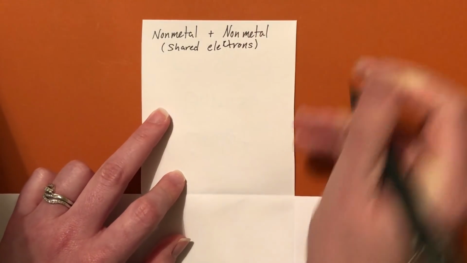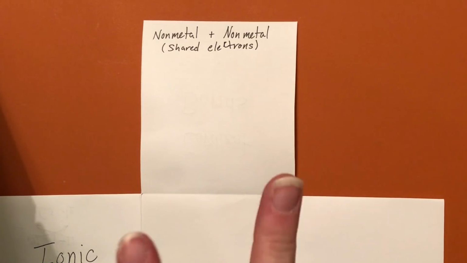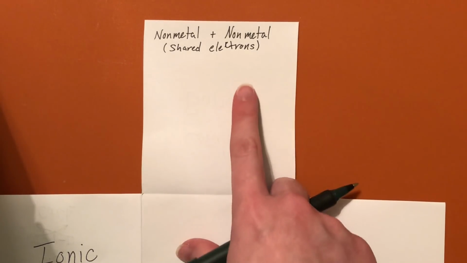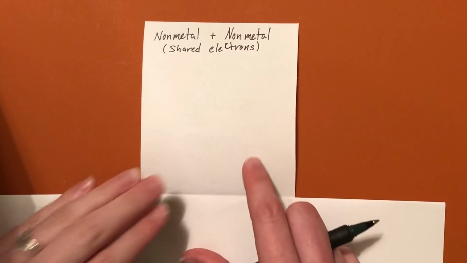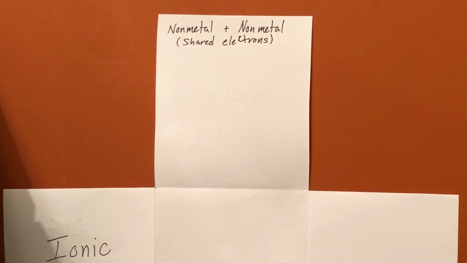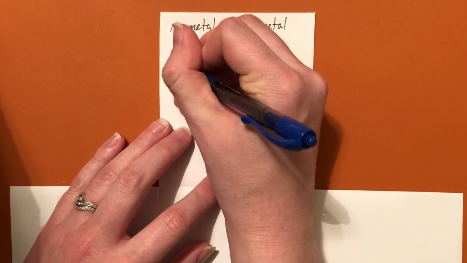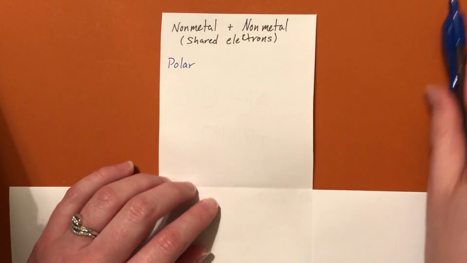I apologize for that funky C. They have shared electrons. And when it comes to covalent bonds, there are two different types. We have two different types of covalent bonds because the electrons are not always shared so nicely. So the first type of covalent bonds, let's go with our first color, we'll go blue. So the first type is polar covalent bonds.